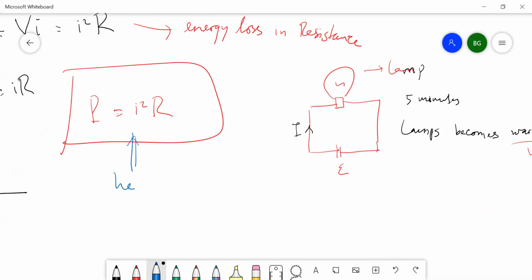The power is heat in the resistance, for example resistors or a lamp.